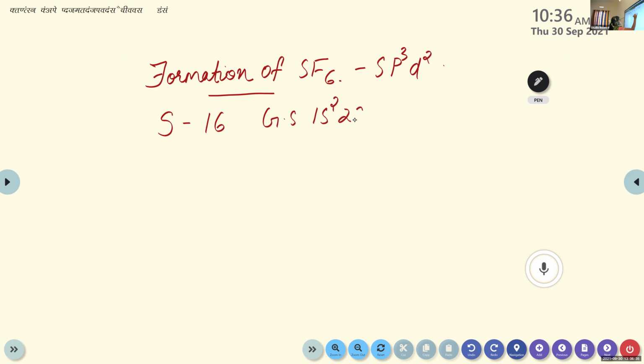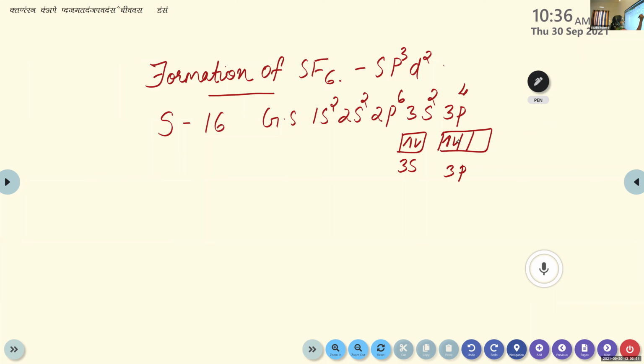1s2, 2s2, 2p6, 3s2, 3p4. So the orbital diagram will be 3s and 3p and the vacant 3d. Okay. Then the excited state configuration.